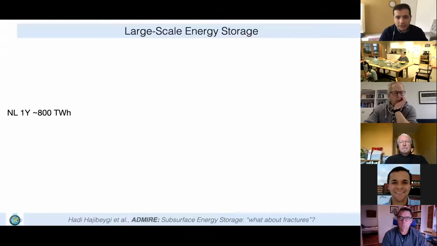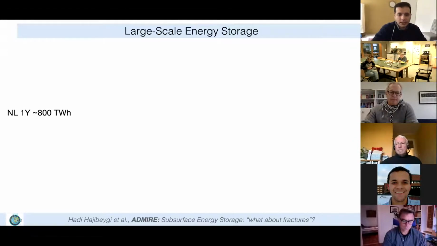To start, I'd like to give you a little bit of perspective. Where do we stand in terms of energy consumption and energy need in the Netherlands? To a large extent, it would also hold for Europe as well. In one year in the Netherlands, we consume about 800 terawatt hour of energy.